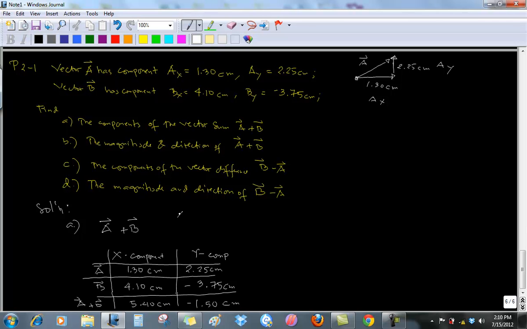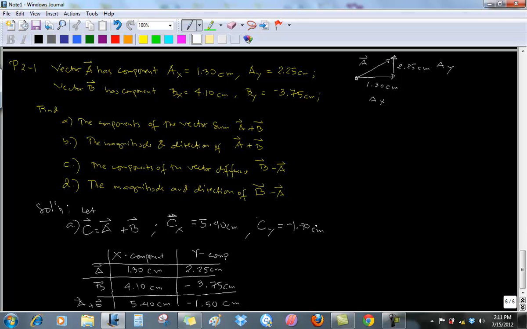We can call vector C the sum of A plus B, meaning the sum of the two vectors is also a vector. So let C be the sum of A plus B. Therefore, the answer to letter A, the components of the vector sum, are Cx, the x component, which is 5.40 cm, and Cy, which is negative 1.50 cm.